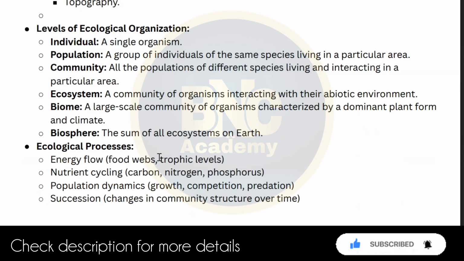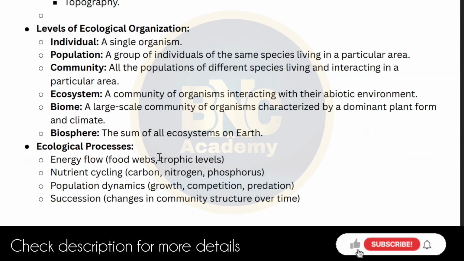Nutrient cycles, like the carbon and nitrogen cycles, illustrate how essential elements move through an ecosystem, being used and reused by living organisms. These cycles are vital for maintaining life on Earth.